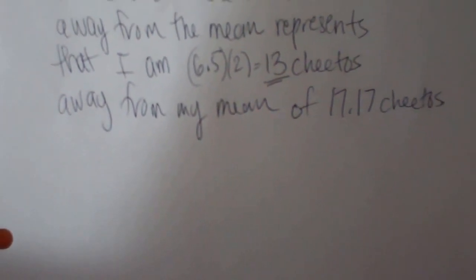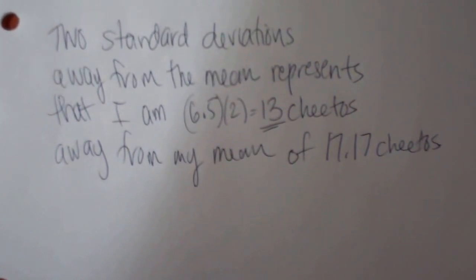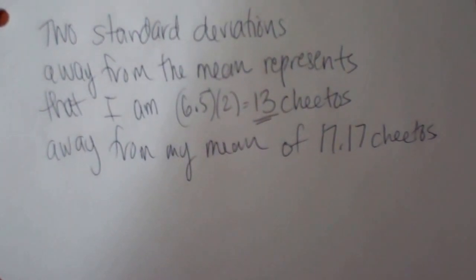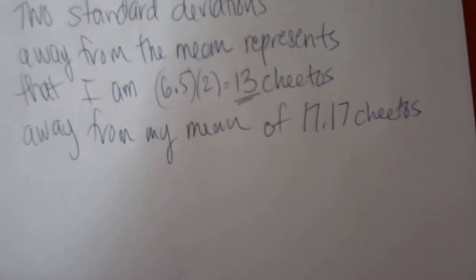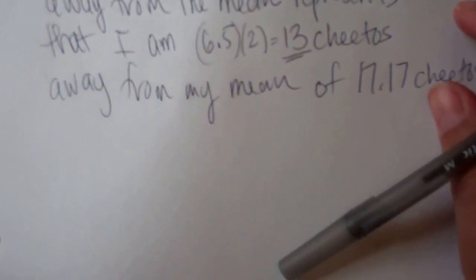So 2 standard deviations away from the mean represents that I am 13 Cheetos away from my mean of 17.17 Cheetos.